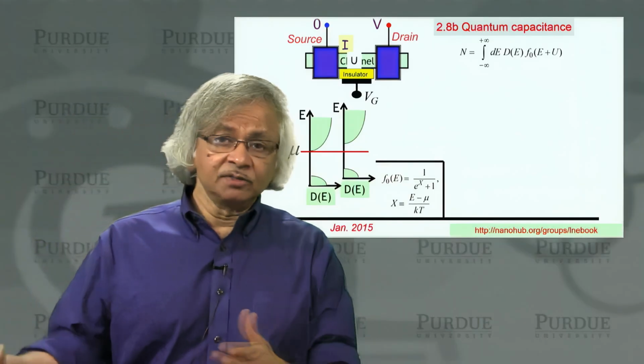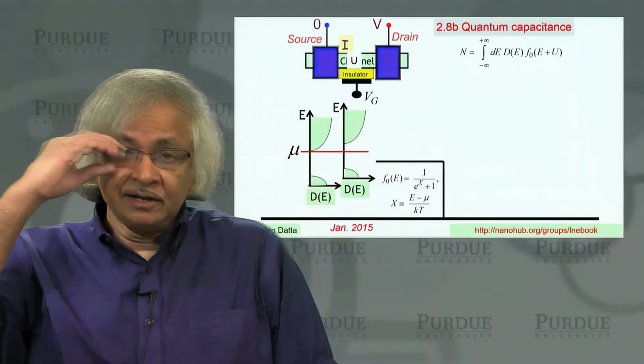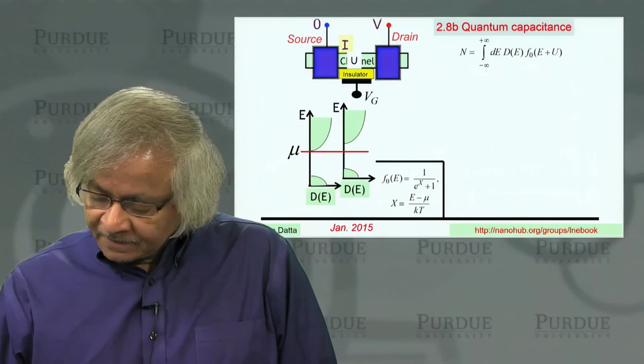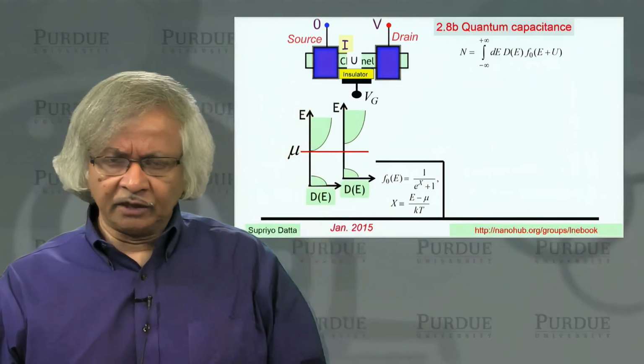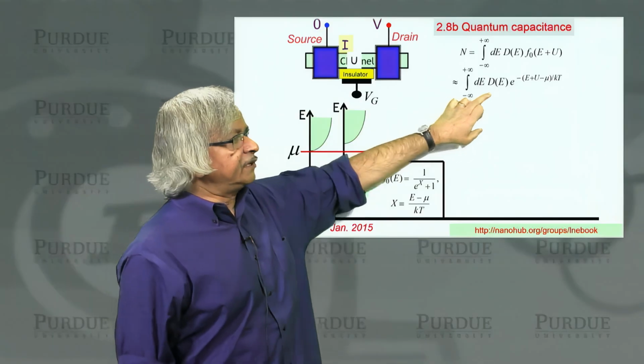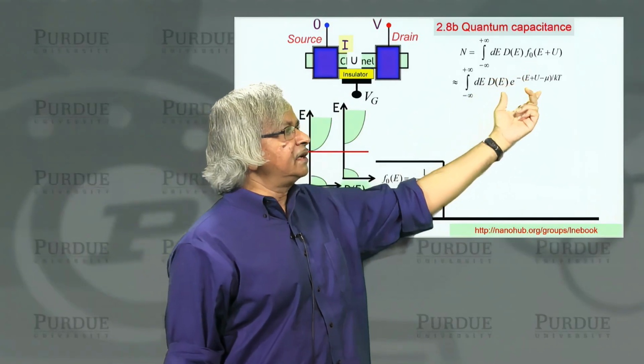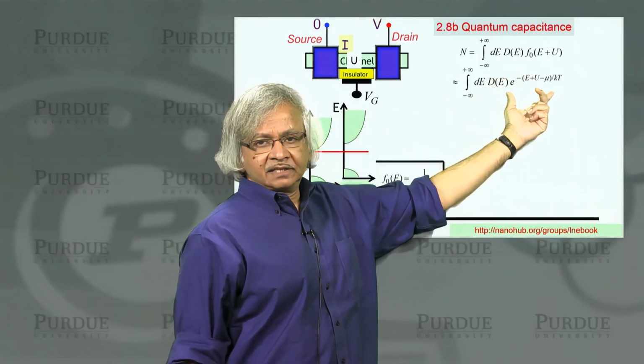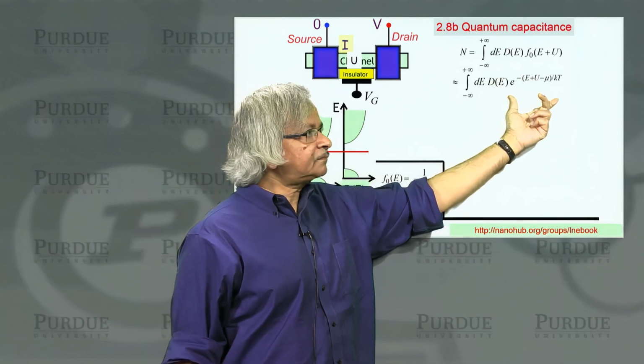And this is what's called the Boltzmann approximation that's often used in semiconductor devices. And we talked about it in Unit 1, I believe. So if you use that approximation, then the Fermi function could be replaced with a simple exponential function.